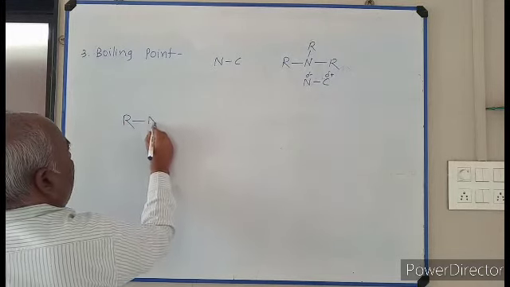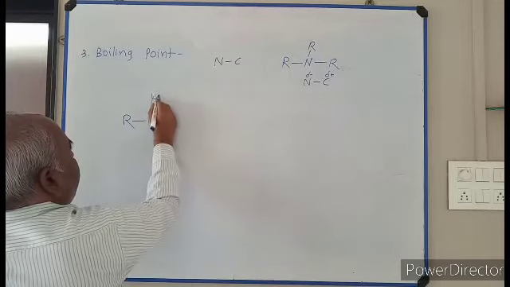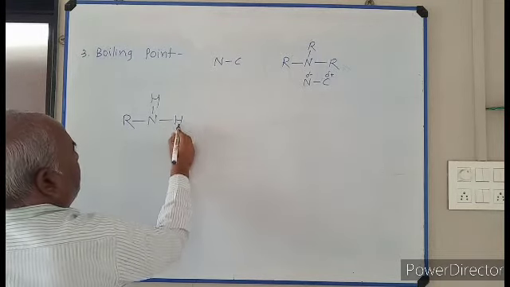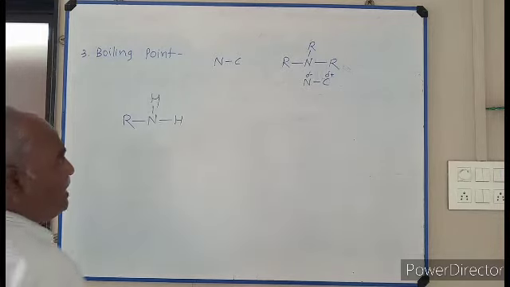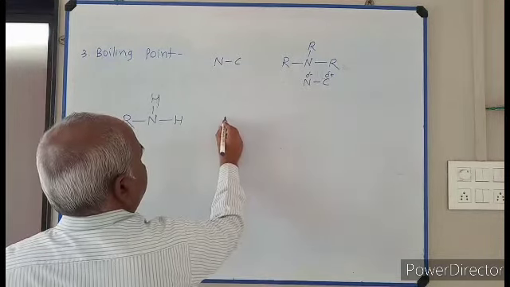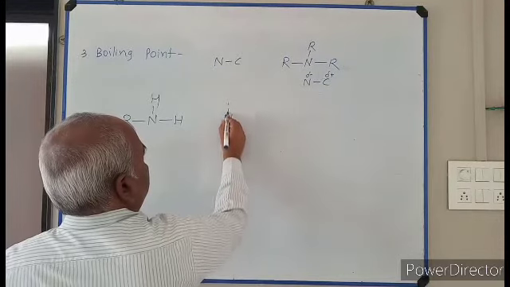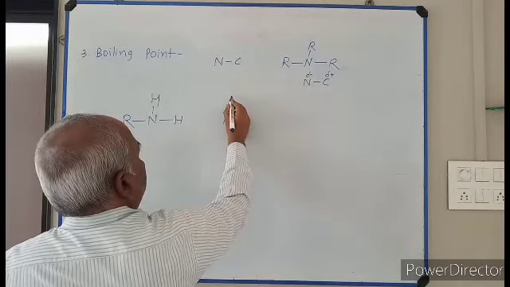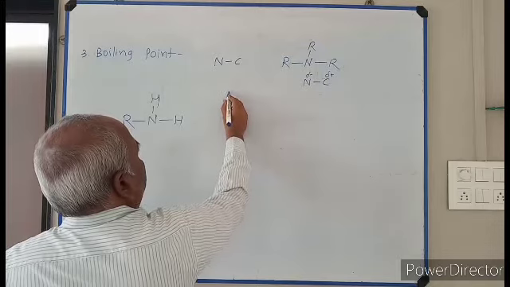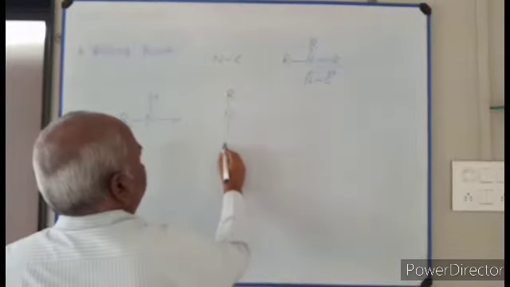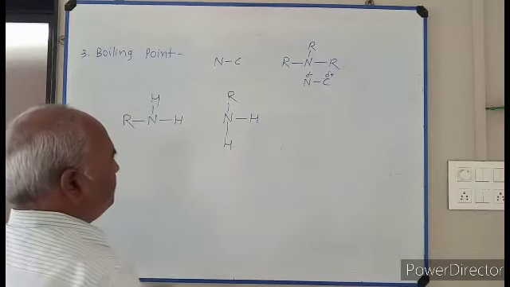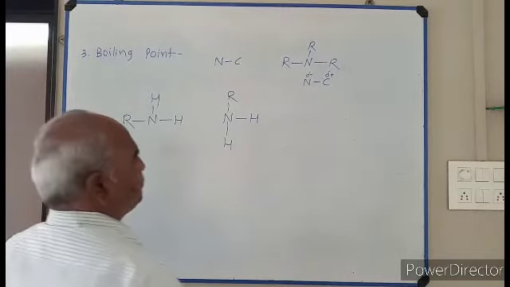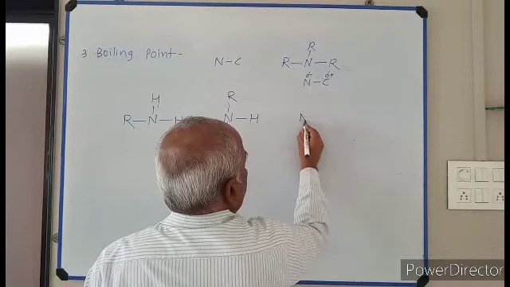I take here the example of a primary amine. R, single bond N, H, H. This is the general formula of a primary amine. Here I write another amine molecule, and one more amine molecule.